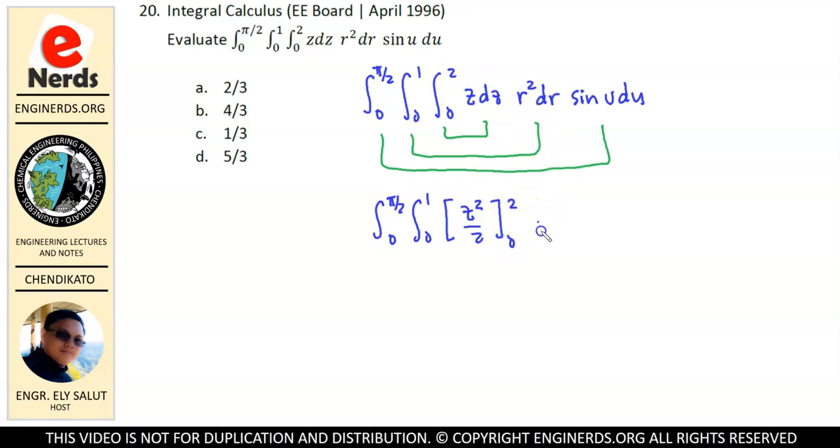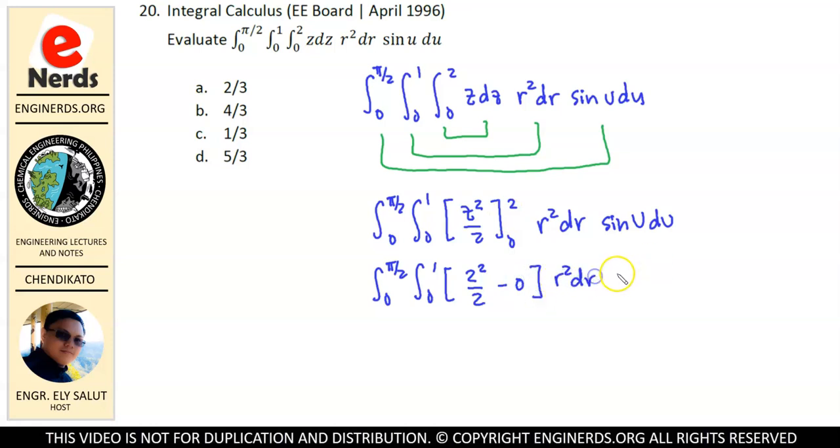Okay, so we still have r squared dr and sine u du, no? Dito sa ating right side. Okay, so we will have from 0 to pi over 2, 0 to 1, we have c squared. Okay, let us substitute 2 dito sa ating z. So, we will have 2 squared over 2 minus 0. Okay, r squared dr sine u du.